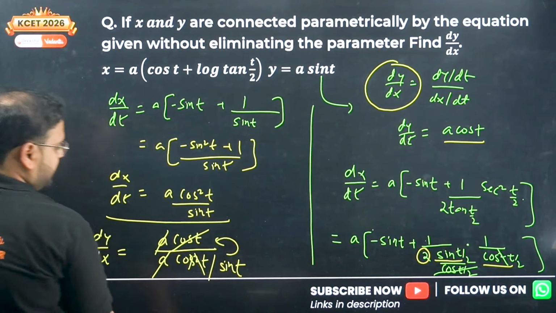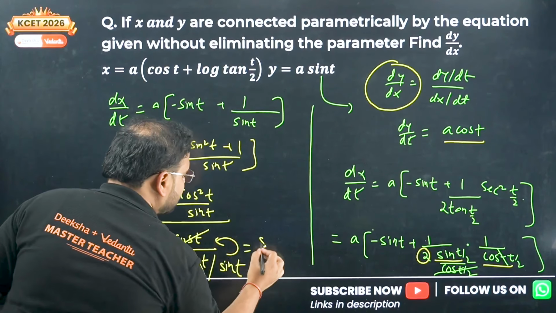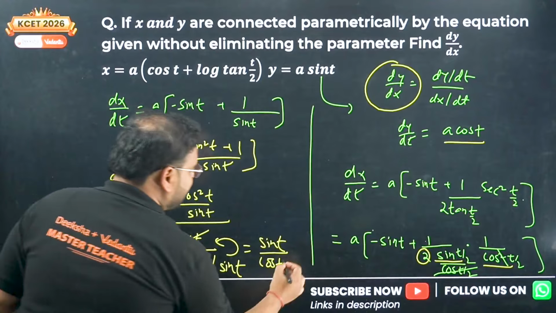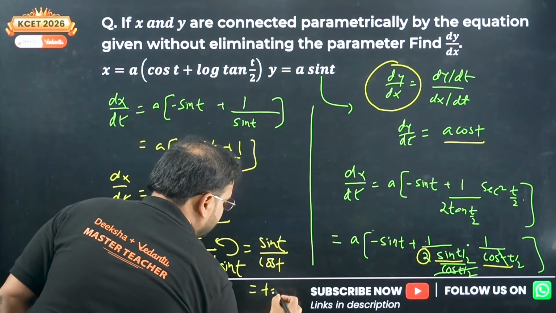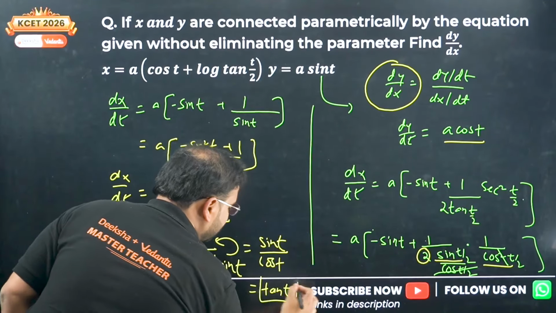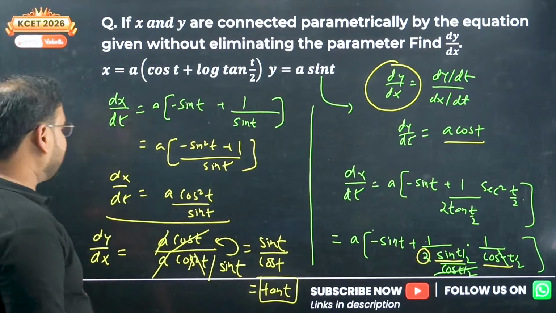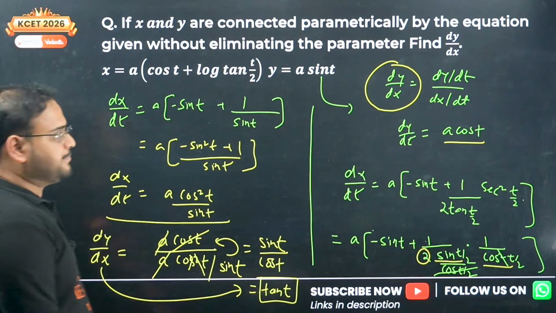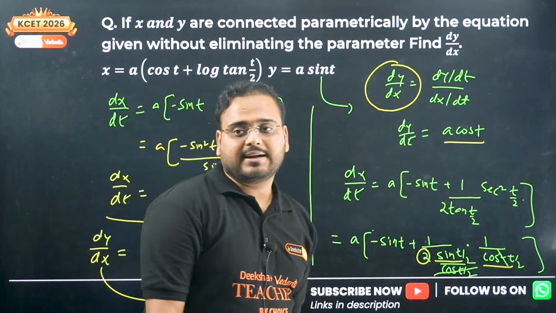This will go in front, up actually. So I have here sin t in the numerator divided by cos t. The answer is coming as tan t. This is my final answer. Final answer is tan t. Derivative is coming as tan t. Check, dy by dx is coming as tan t.